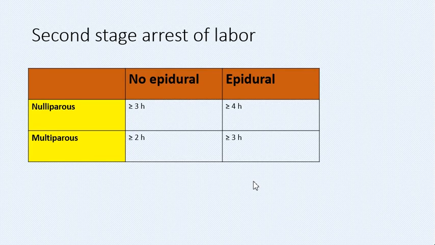One more thing, in stage 3 we can also have a prolonged third stage, which is basically failure to deliver the placenta within 30 minutes. The causes could be placenta accreta, increta, or percreta. What does that mean?